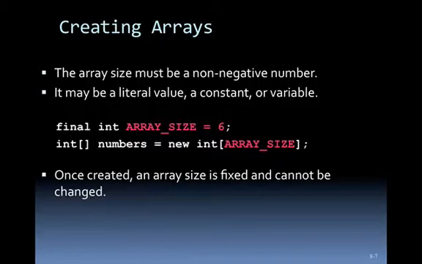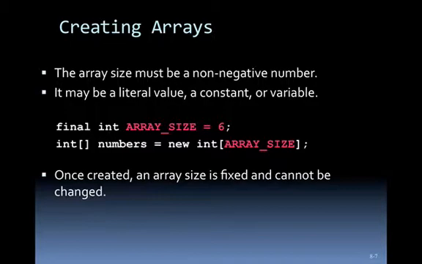When we're specifying a size for the array, we're not stuck to just a literal number like 6. We can use a variable or anything else that results in a non-negative integer number. It can be a variable, some sort of equation, input from the user. It doesn't matter, just so long as it is a non-negative integer number. In the case of the example here, we're creating a constant called array size.